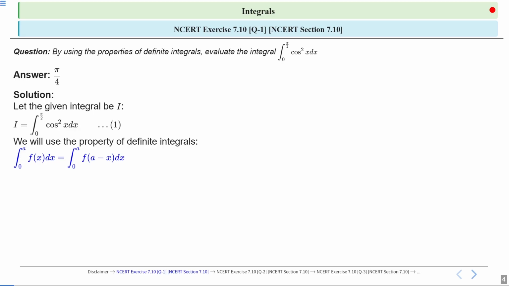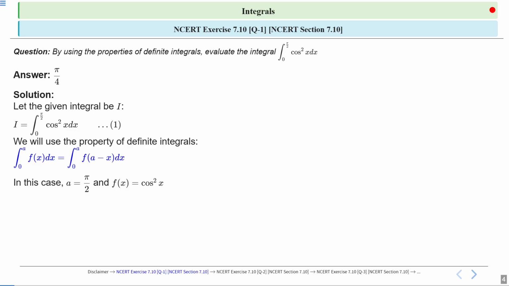It converts our definite integral into a simpler function that we can integrate easily, because cos and sine are symmetric in nature.